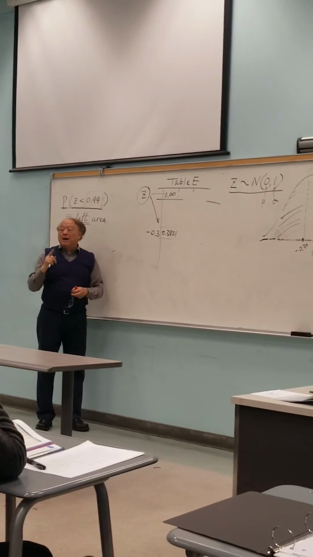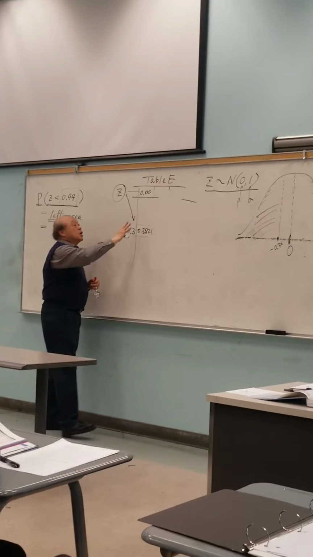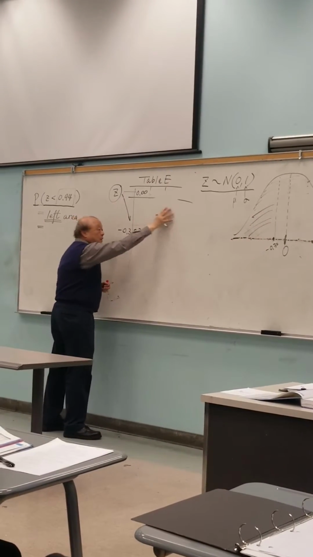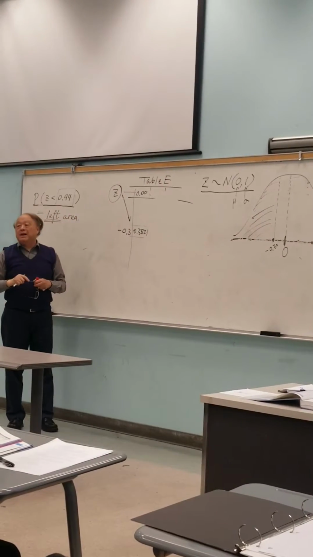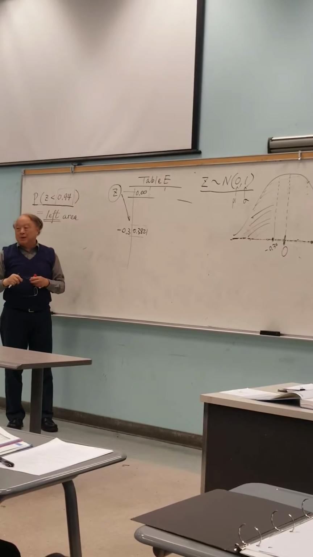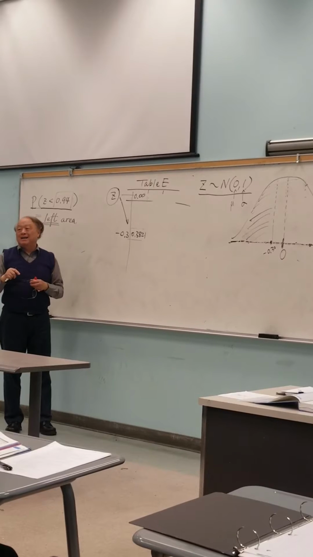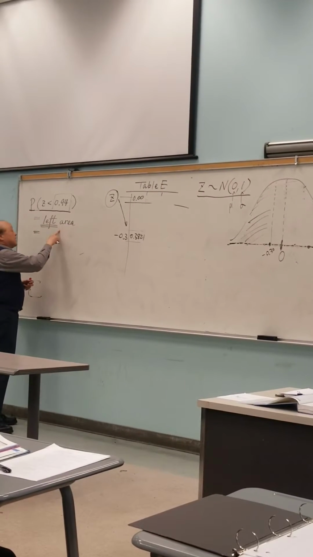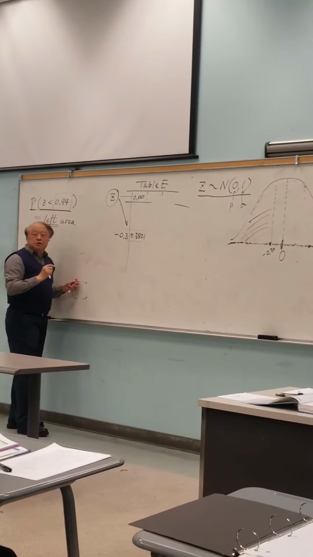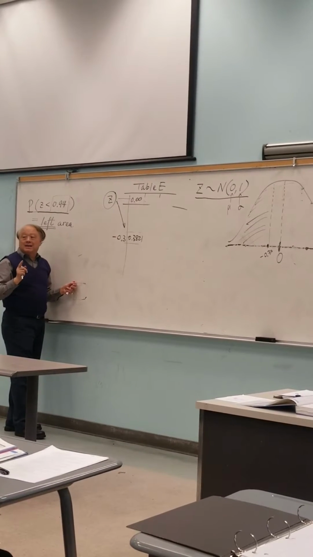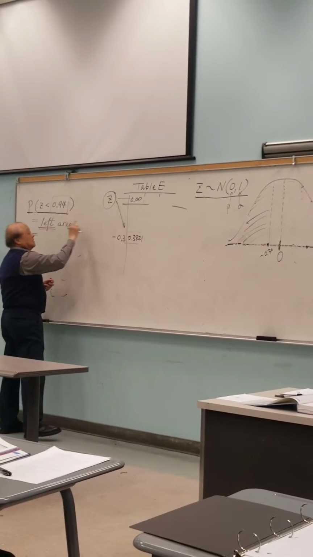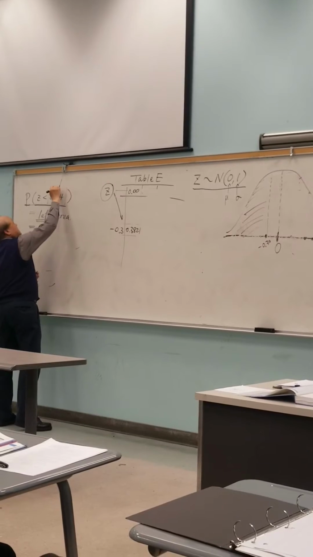Now, do you remember I said several times, all the numbers in the body of the table represent the left area, right? So if you need the left area, you directly go to the table to find the answer. Now, how do you find this value?